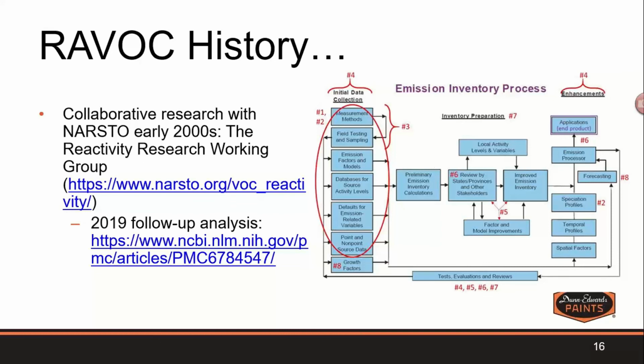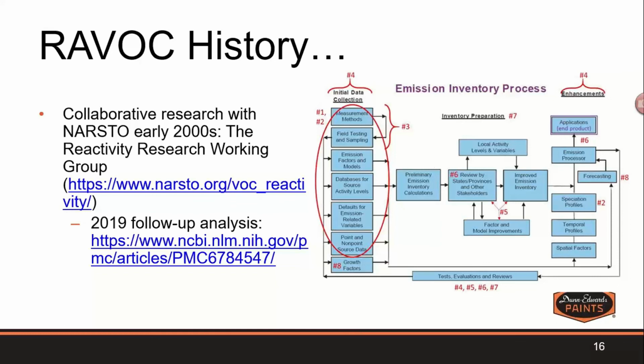So here we have NARSTO, the North American Research Strategy for Tropospheric Ozone, and it was a public and private partnership with industry sponsors such as AkzoNobel, Bayer Process Corporation, Benjamin Moore, Dunn-Edwards, Eastman Chemical, PPG, Rohm and Haas, Sherwin-Williams, and Valspar, and government agencies such as the South Coast Air Quality Management District.